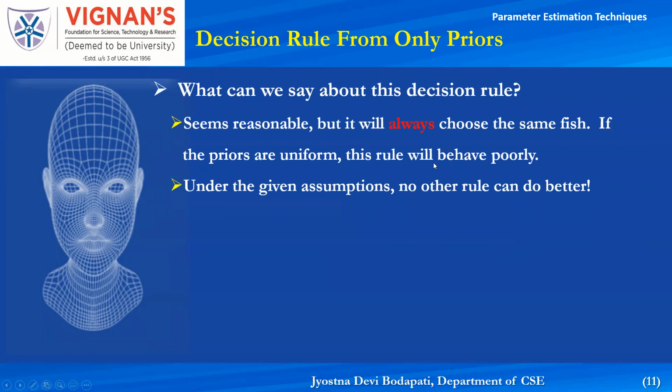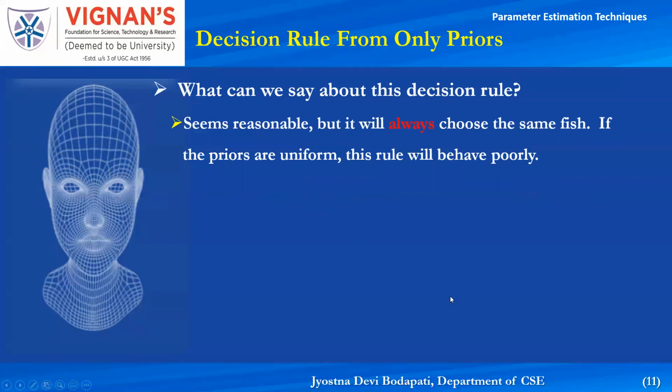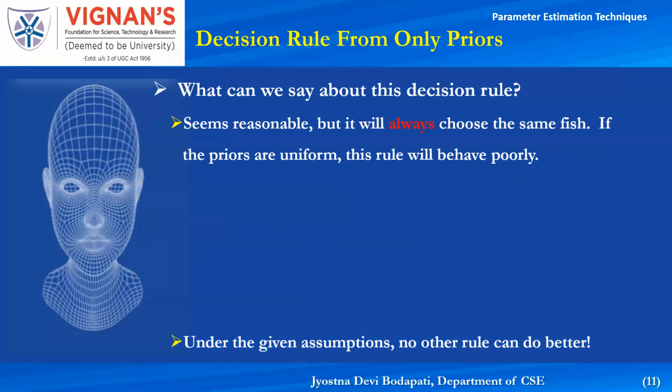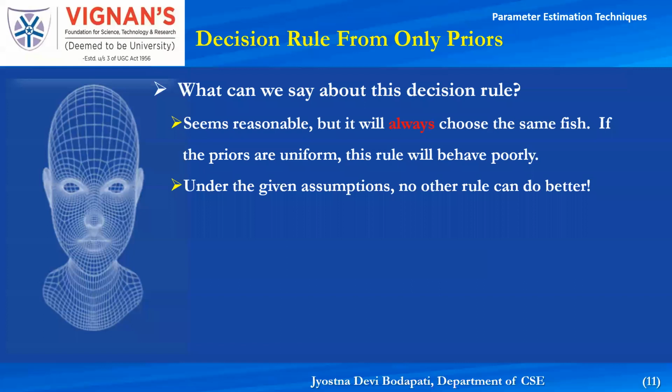But there is a problem because we are always assigning to the same class. If the prior probabilities are equal, then 50% of the examples you are misclassifying, right? That's a problem with this kind of decision rule. Then what is the better way to do it? Can you see, is there any better way?